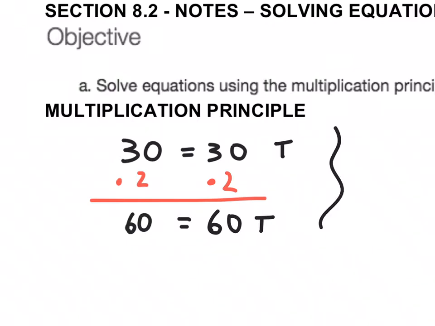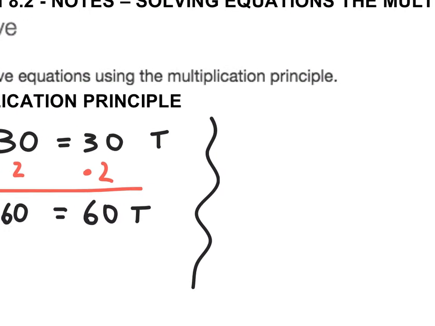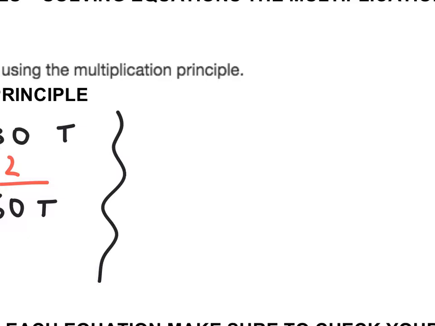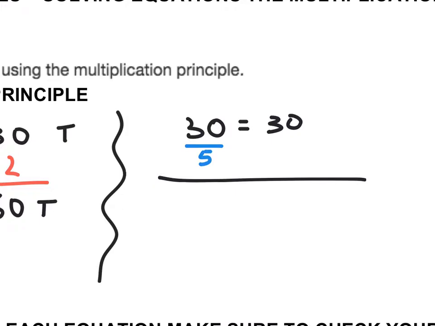All right, so now, how does it work with division? It does the same thing. Let's start off with 30 is equal to 30. Okay, now if I divide on this left side, if I divide by, say, 5, what happens is if I do 30 divided by 5, that's going to give me 6.